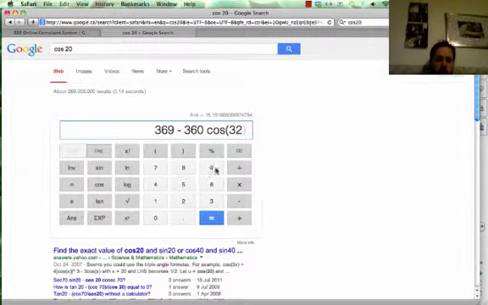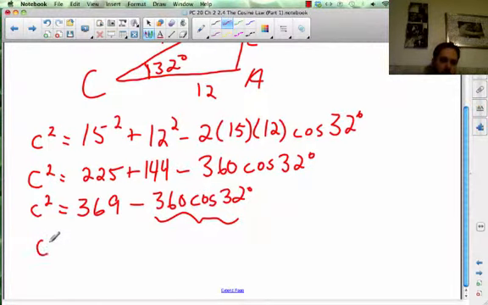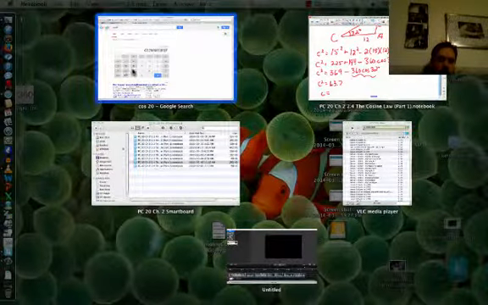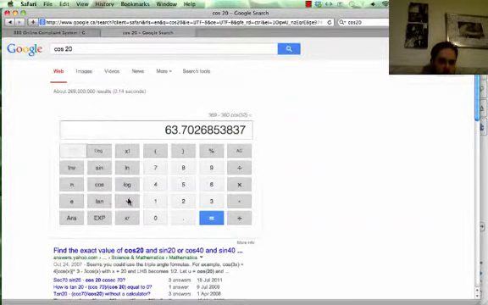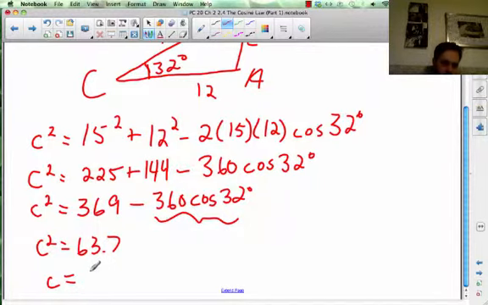This calculator does order of operations for us, and we get an answer of 63.7, which is c squared. c squared equals 63.7, and of course c, you take the square root of that, and we get 7.98. So let's say 7.98. All right.